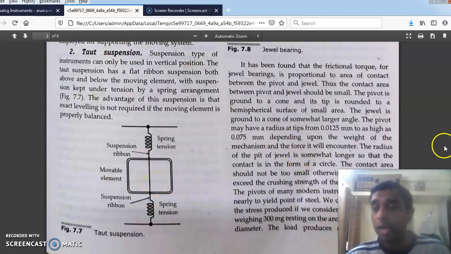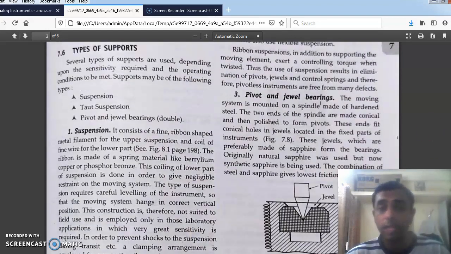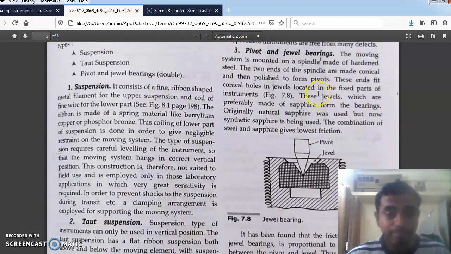The instrument should be hung in a correct vertical position. Leveling of the instrument is very important, because the moving system should be vertically positioned.